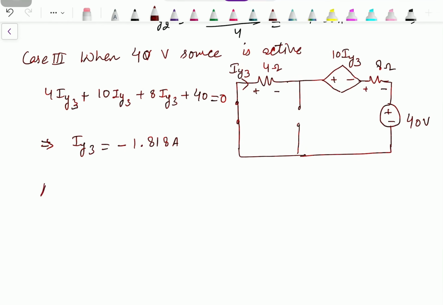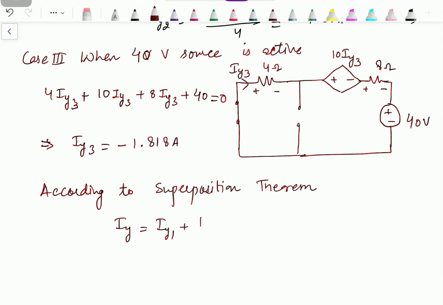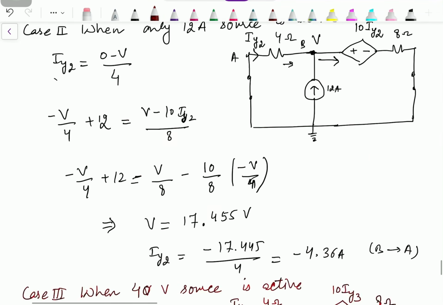So now we found three different values of IY. Now according to the superposition theorem, the current IY is equal to IY1 plus IY2 plus IY3. It's the algebraic sum of the three currents.